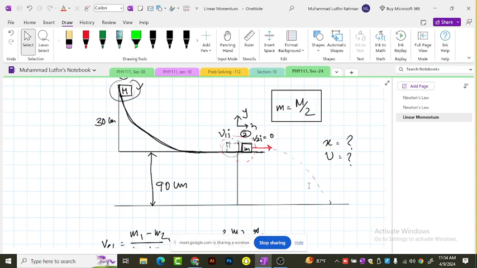Obviously, they will take the same amount of time. The velocity you found is the velocity in the horizontal direction, not vertically downward. That's why these two blocks will strike at the same time, at different positions with different velocities, but the time of flight would be the same.